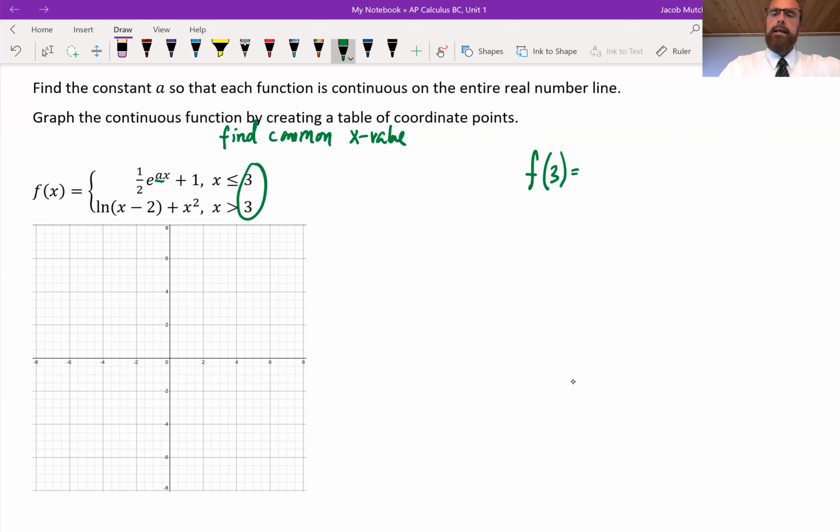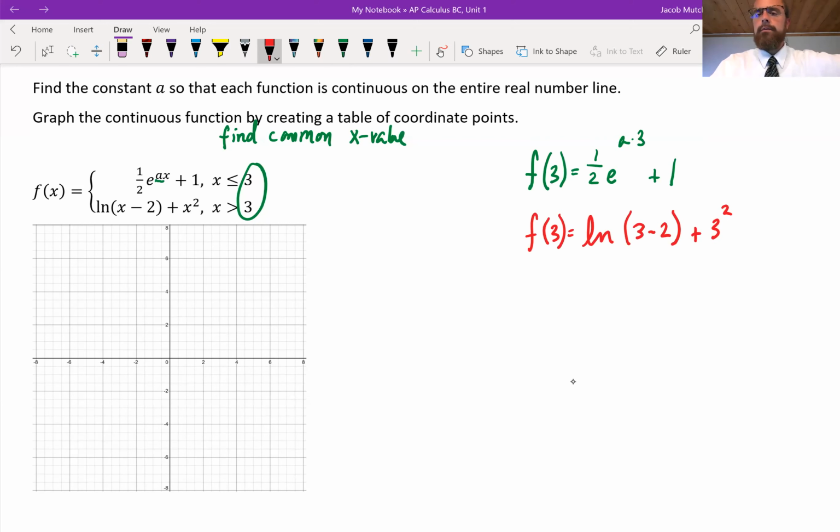So that's going to be half e to the power of a times 3 plus 1. And then for the second function, anytime I see x, I'm going to substitute 3. That's the common x value. So it's natural log of 3 minus 2 plus 3 squared.